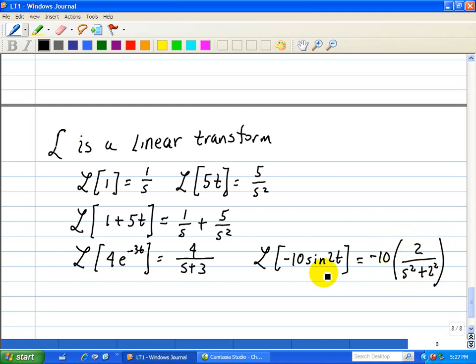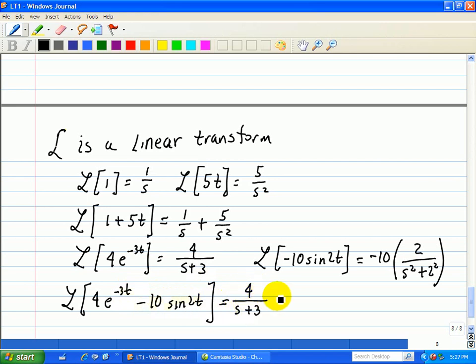In this case, the Laplace transform of 4 e to the minus 3t minus 10 sine of 2t is equal to 4 over s plus 3 minus 20 over s squared plus 4. So that illustrates the concept of linear transform using these examples.